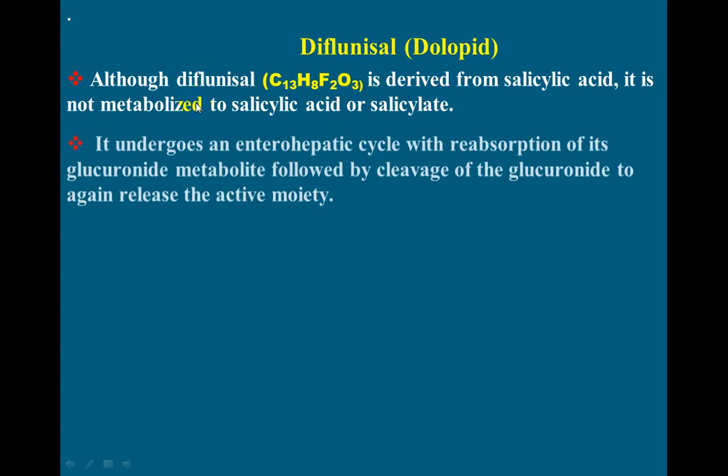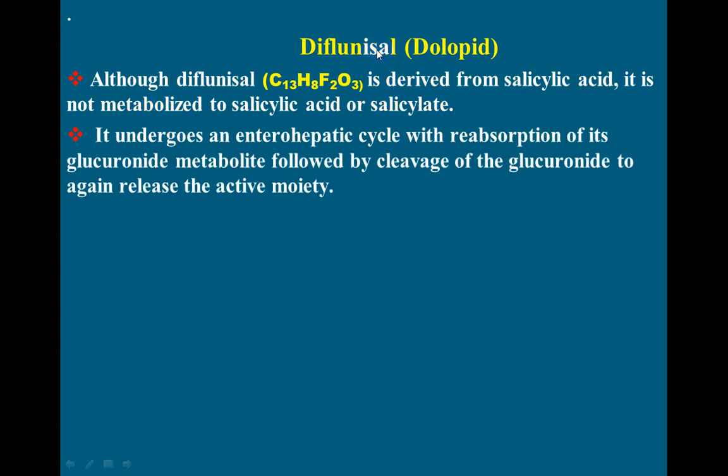Another drug belonging to this group of non-selective salicylates is called diflunisal, and its trade name is Dolobid. Diflunisal is a derivative of salicylic acid and is not metabolized to salicylic acid or salicylate, like what happens with aspirin and other salicylates.